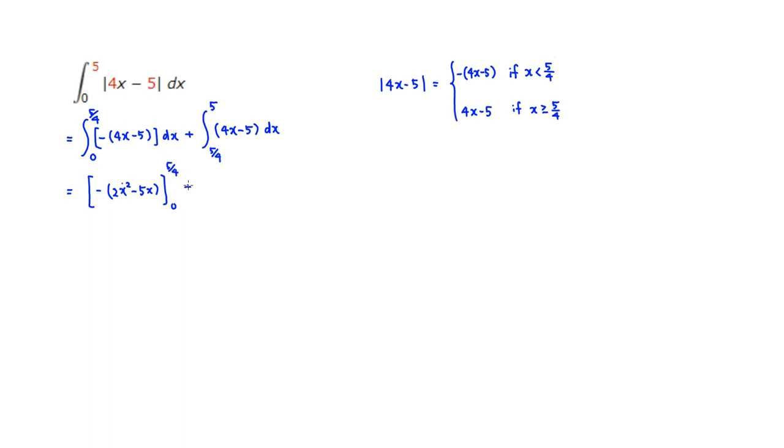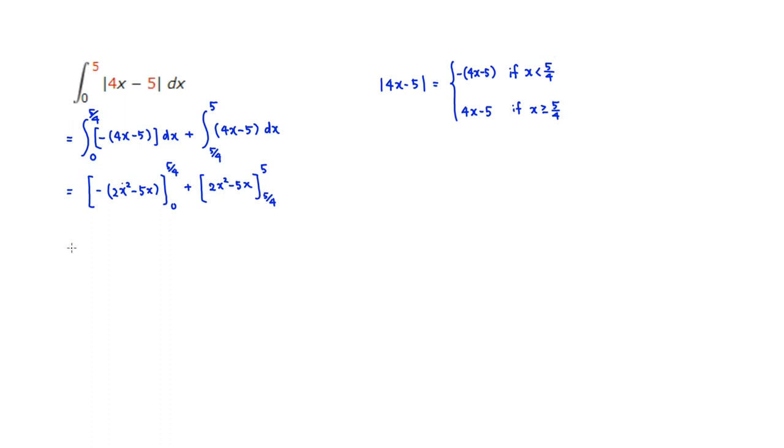And plus, the antiderivative is the same thing with the negative sign. So you have 2x squared minus 5x, and then you're going from 5 over 4 to 5.